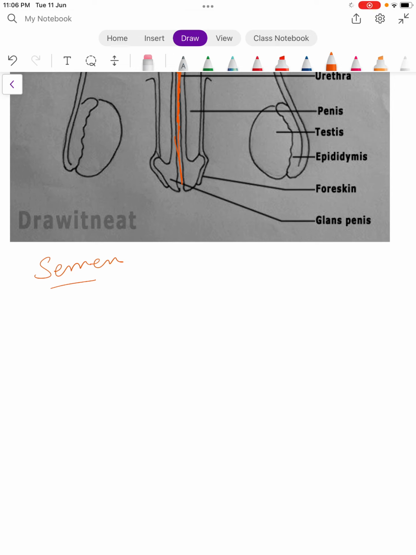During ejaculation, 3 to 4 ml of semen is produced, and it contains about 200 to 300 million sperms.